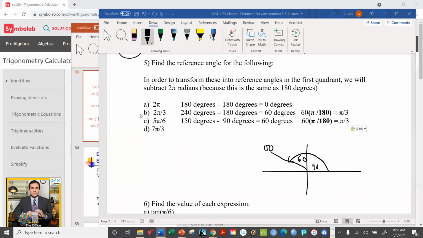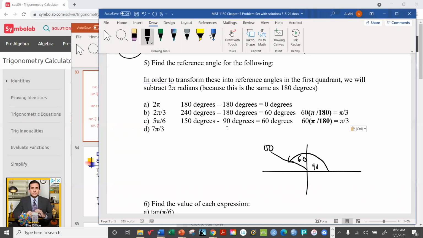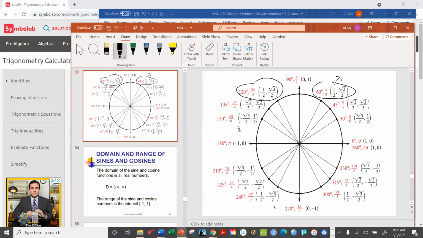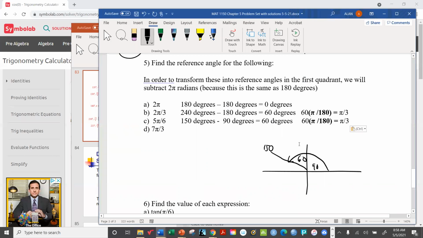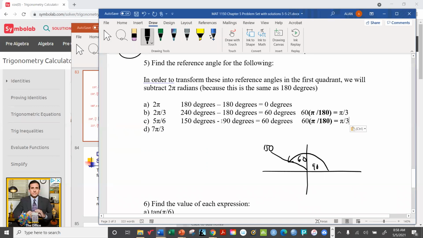What happened here? Maybe I didn't convert this right. 5 pi over 6. Oh, no, that's 150. Well, let's see. Why is this not working?